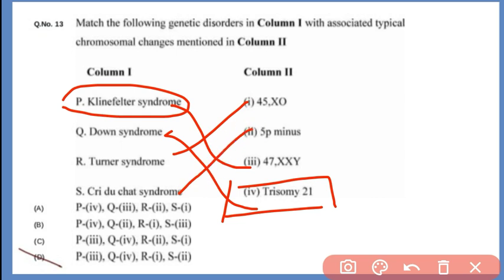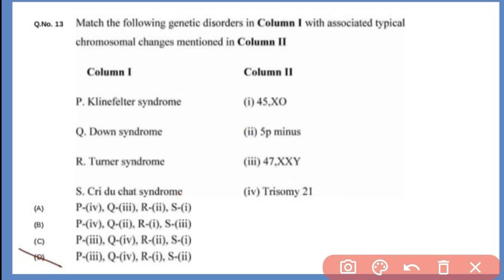Another disease is Edwards syndrome. Edwards syndrome is also known as trisomy of chromosome number 18. It is a genetic disorder caused by the presence of a third copy of chromosome number 18. Symptoms are heart defects, small head and intellectual disability. So the answer for this question is option D.